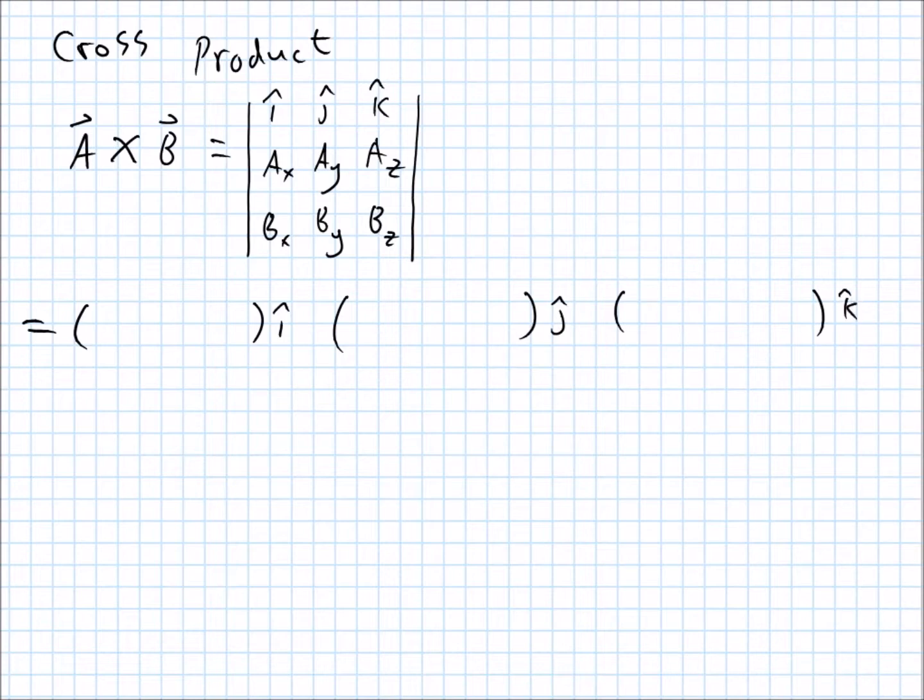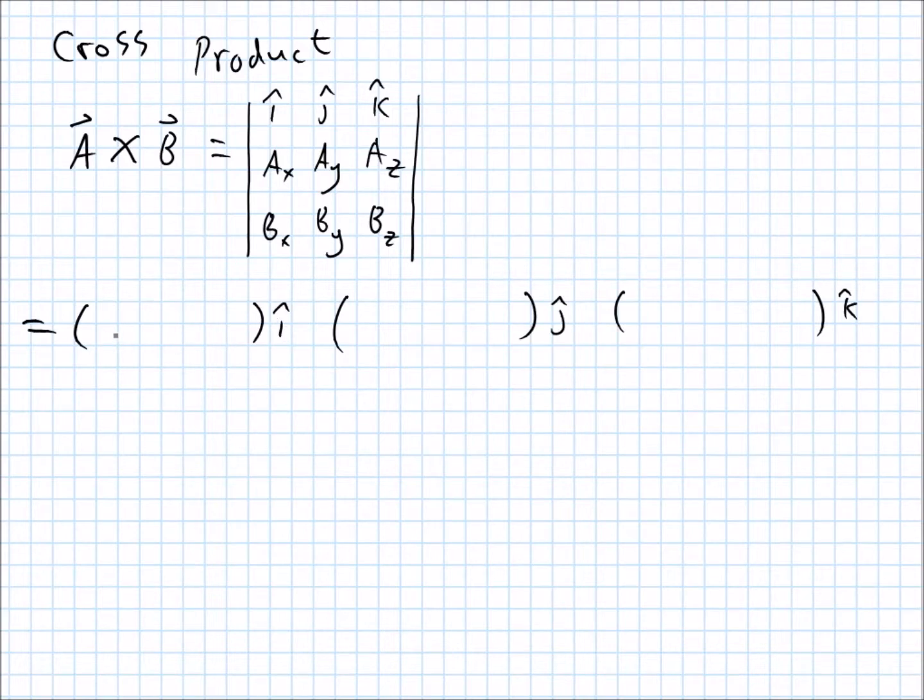All right. So the way you solve this determinant, the way I do it, is you cover this up. Okay, and this method will write out the definition of the cross product for us. The way I remember the cross product is I cover up the component I'm interested in.